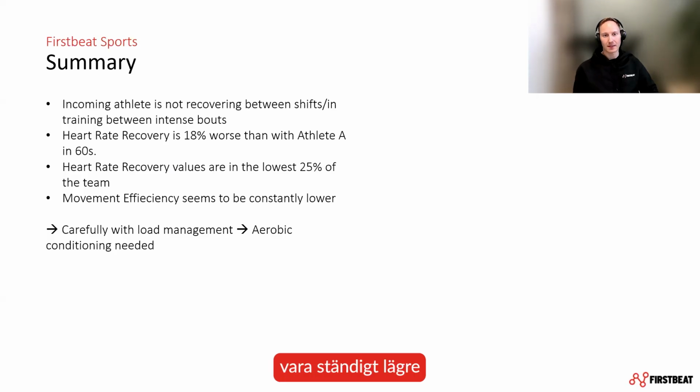And from that, the S&C coach concluded that with this athlete, we should be careful with the load management, and aerobic conditioning is needed, especially because he's a talented player playing high minutes, but the aerobic condition seems to be in a poor state.